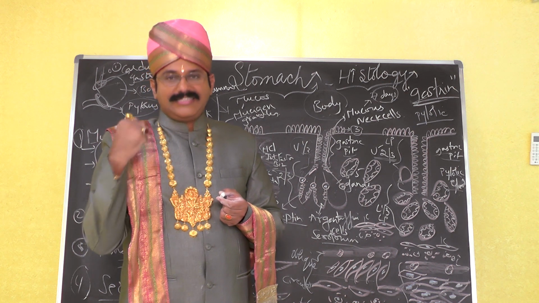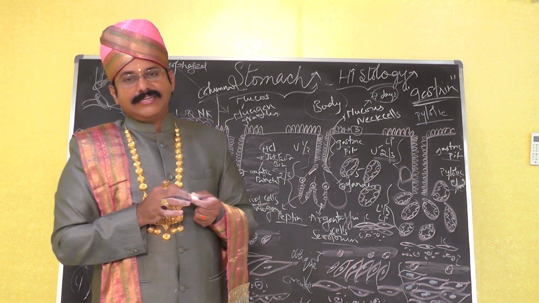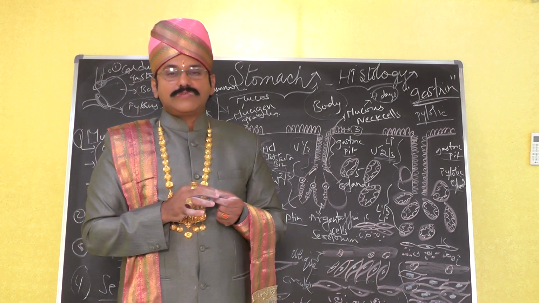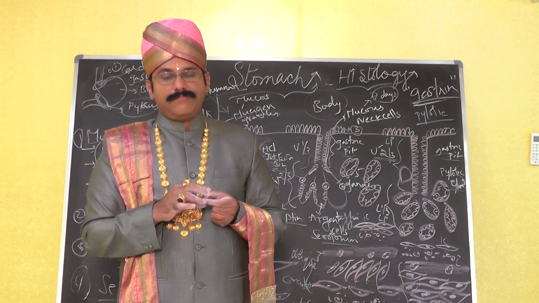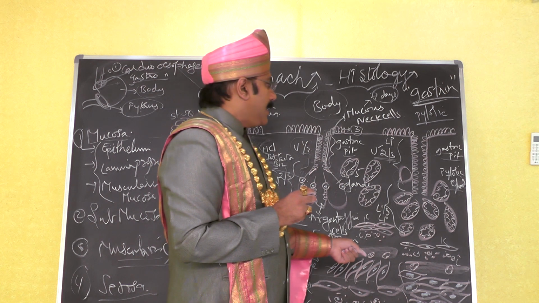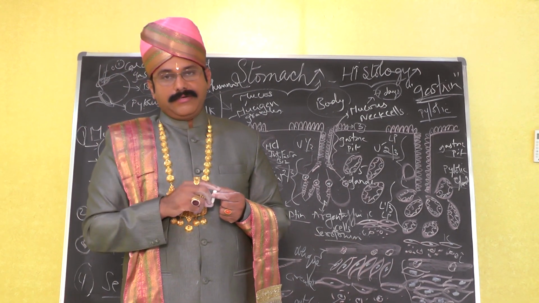So the sphincter is in the pyloric region, and what are the cells which are forming the sphincter? The circularly arranged smooth muscle cells. They form the sphincter, and that's what we are able to see at the pylorus, the pyloric part of the stomach.